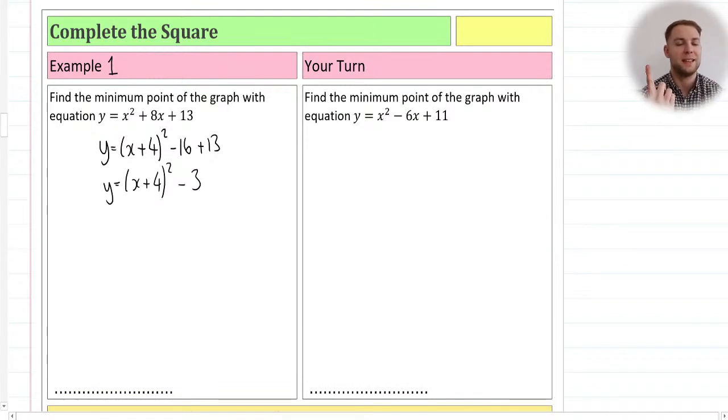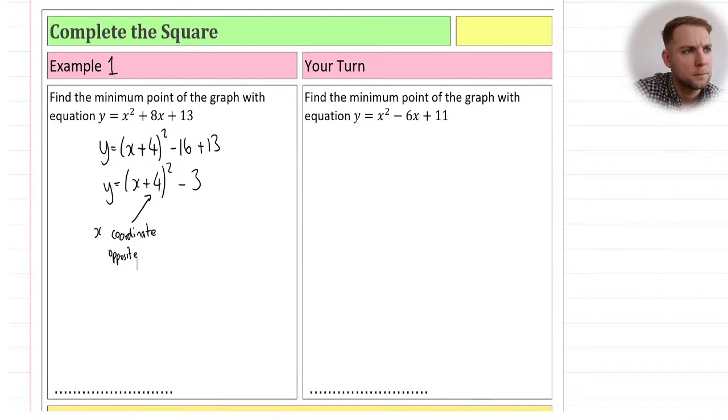Now remember we said the inside the bracket is the x-coordinate, but it's the opposite symbol. So here we've got, this is our x-coordinate, but opposite symbol.